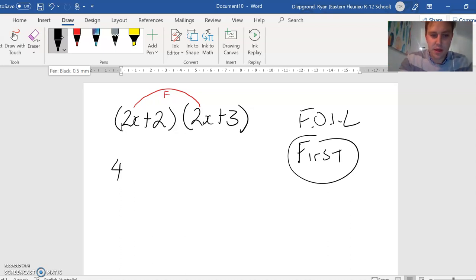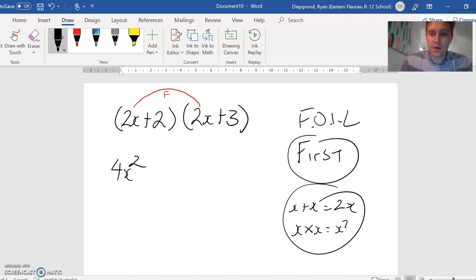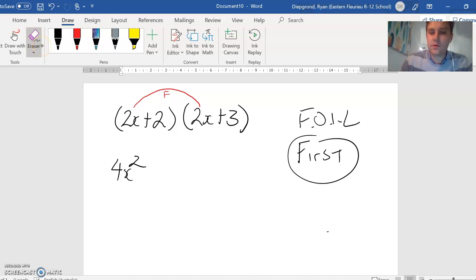X times x is x squared, not to be mistaken for x plus x, which is 2x. X times x is x squared, so don't forget that. People get that really confused.